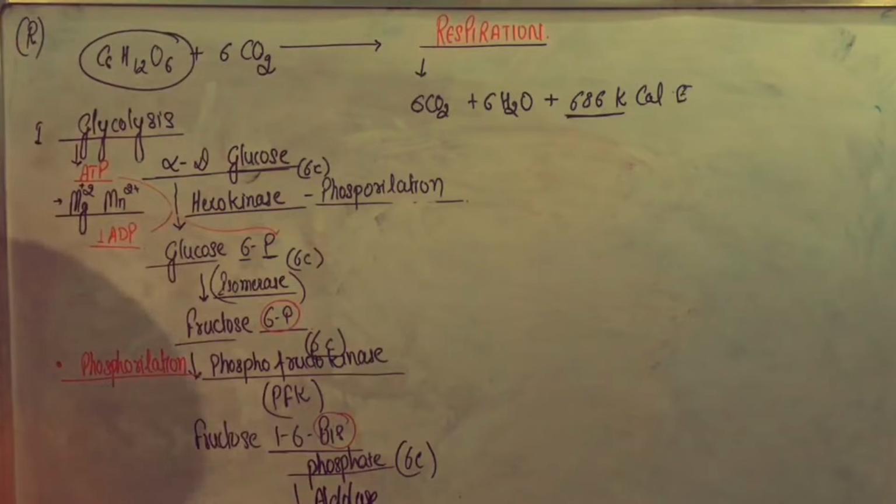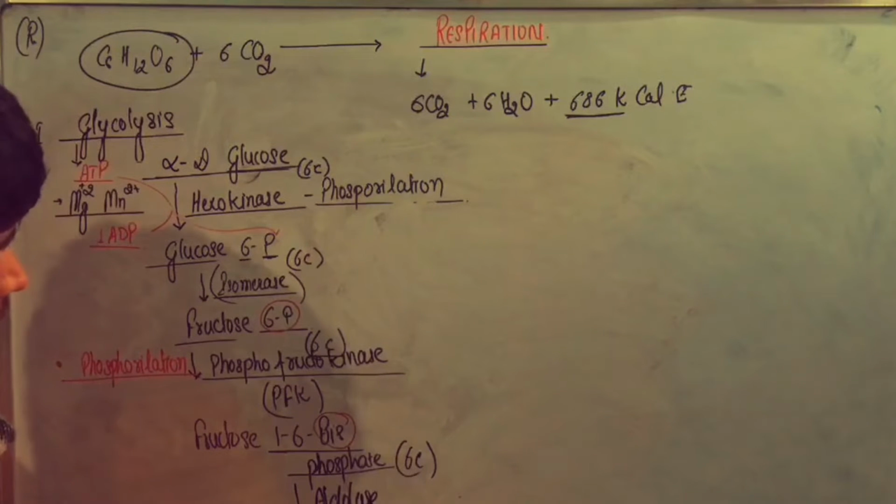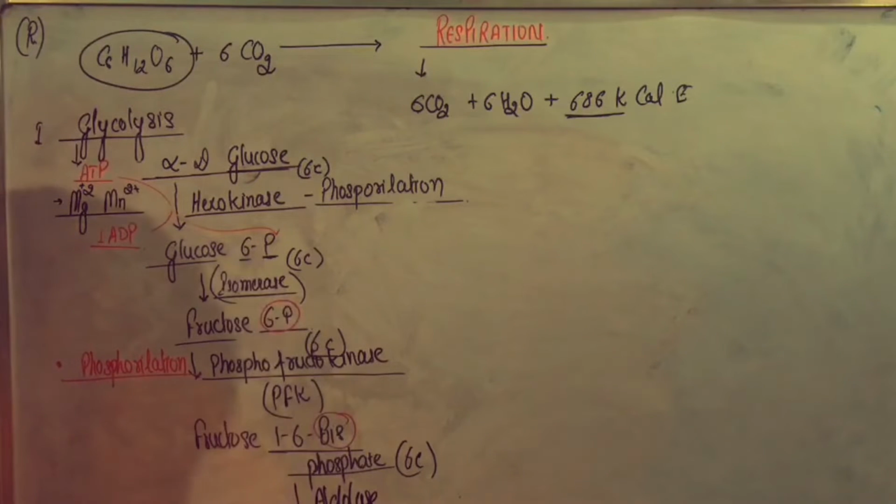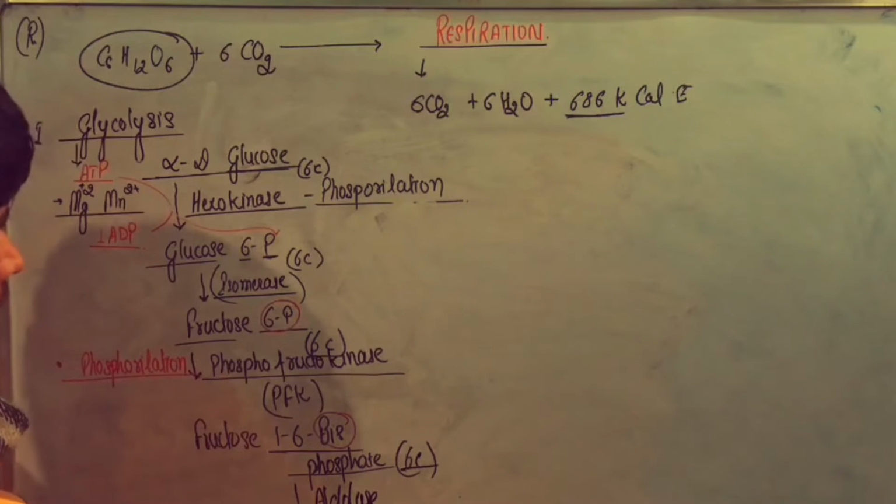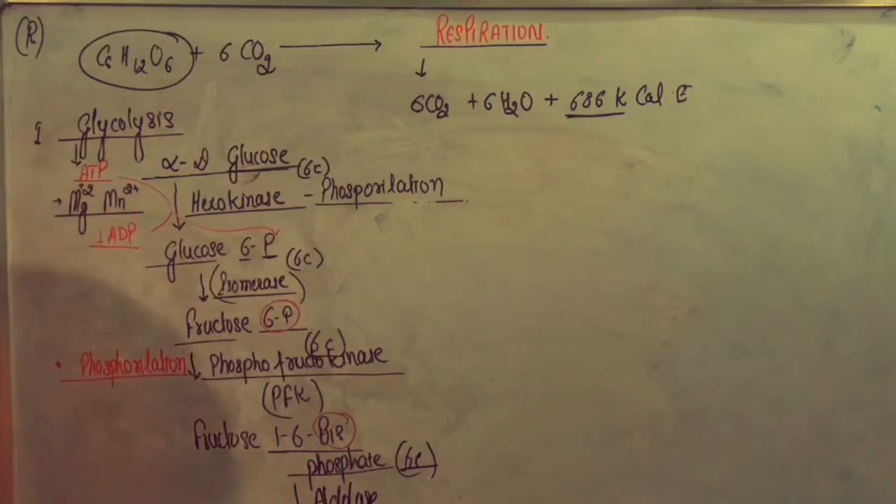The first one is called dihydroxyacetone phosphate, and the second is glyceraldehyde 3-phosphate. These both are 3 carbon. Total makes again 6 carbon.